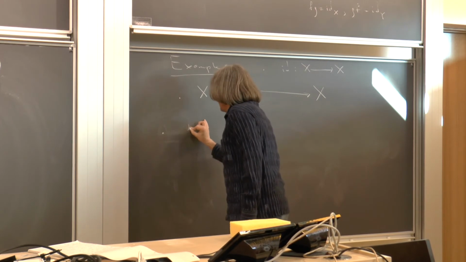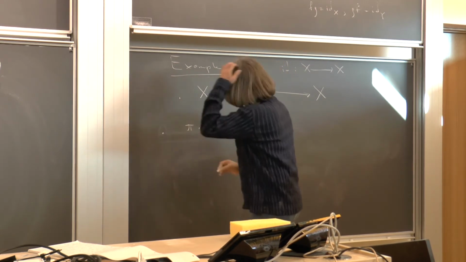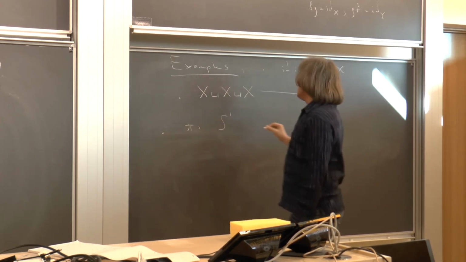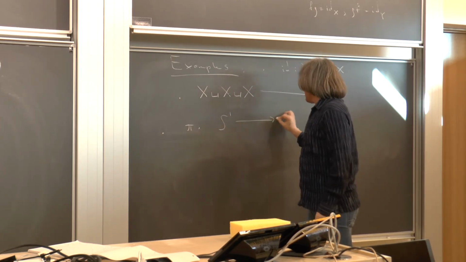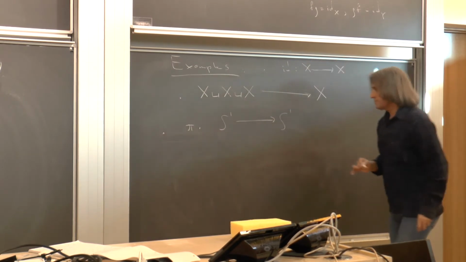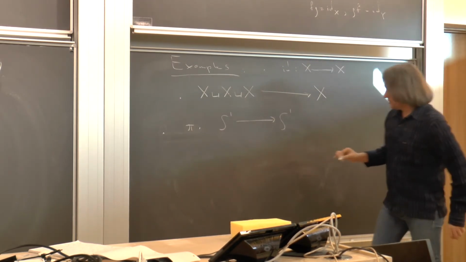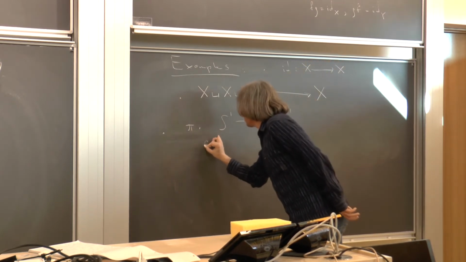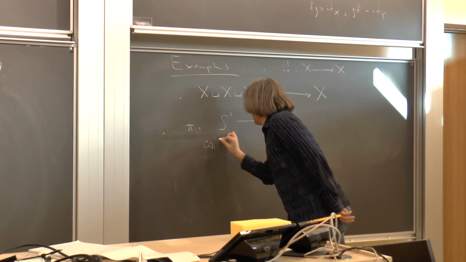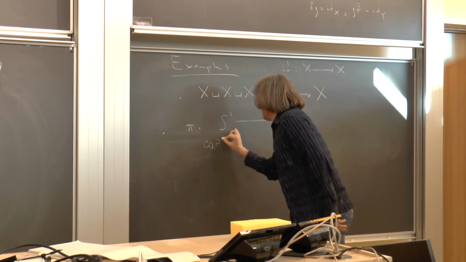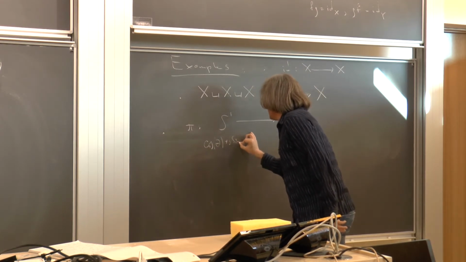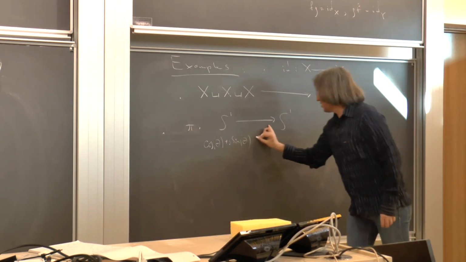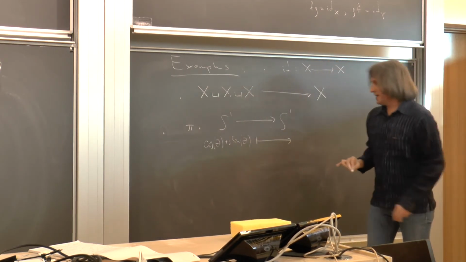Consider pi, which goes from the unit circle to itself. A point here is a complex number of the form cosine theta plus i sine theta. Let it go to the same taken twice.